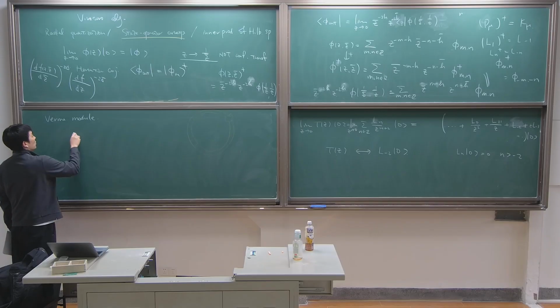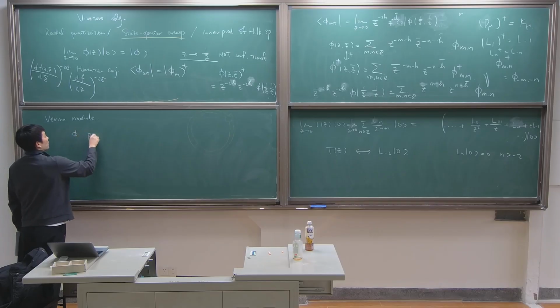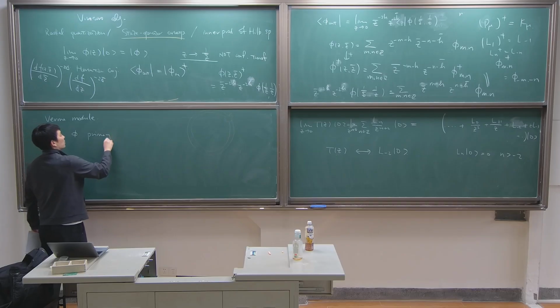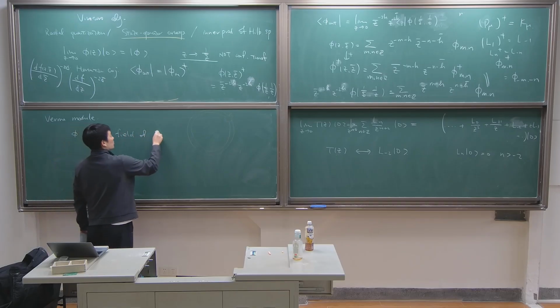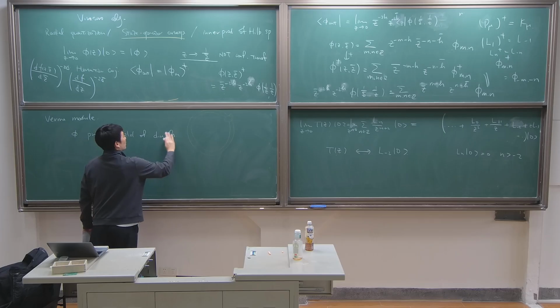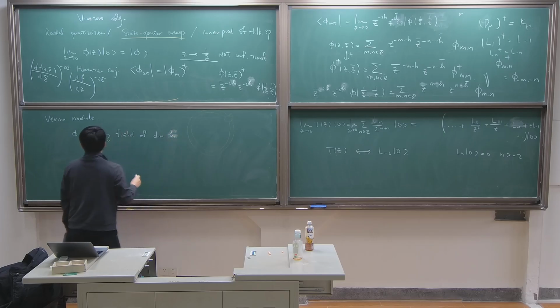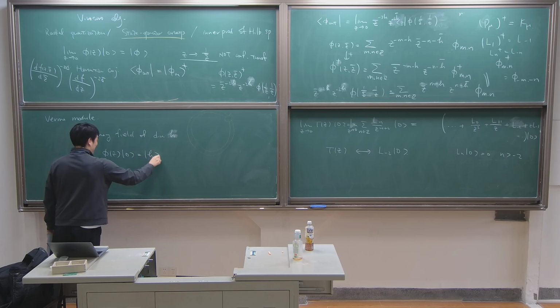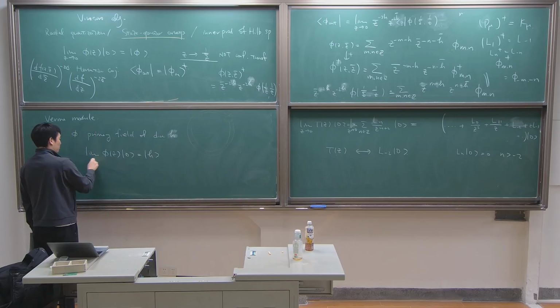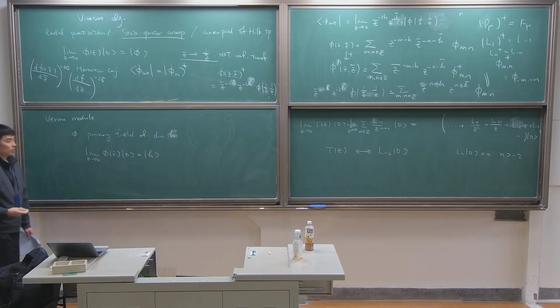Now, if you have phi, a primary field of conformal dimension h, then by the state-operator correspondence, we just call this state |h>, and that's the notation I'm going to use.